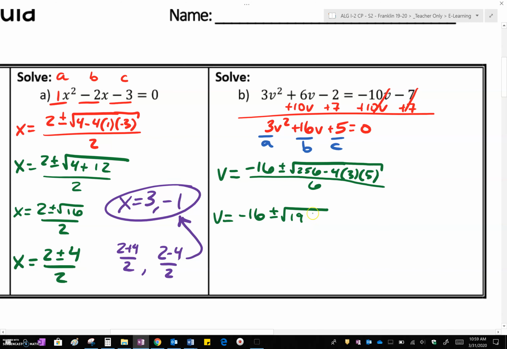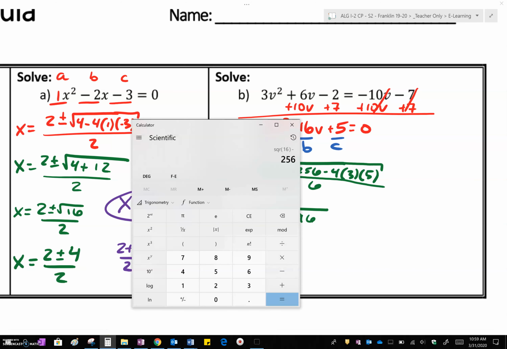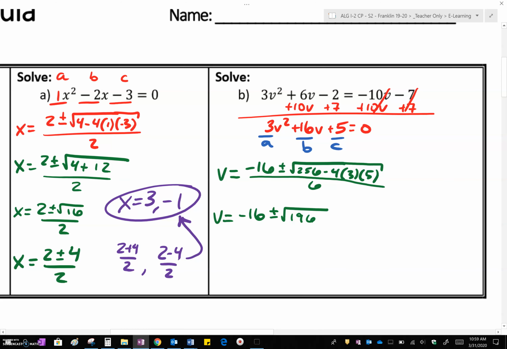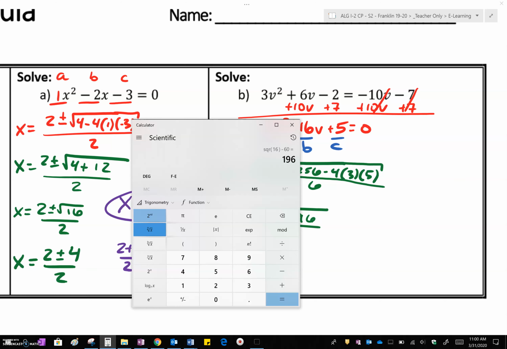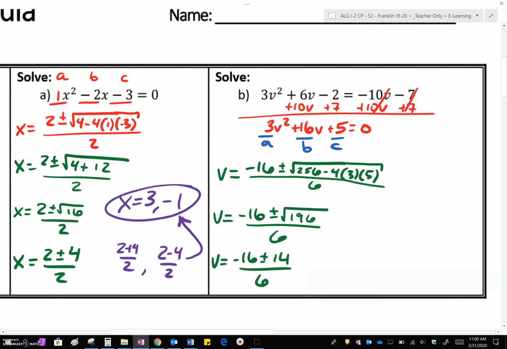I don't know where I got 4 from. All right, 256 minus 60, 196. So, all over 6. So the square root of 196, if you remember, or you use your calculator, is 14. Just to confirm that, the square root of 196 is 14.